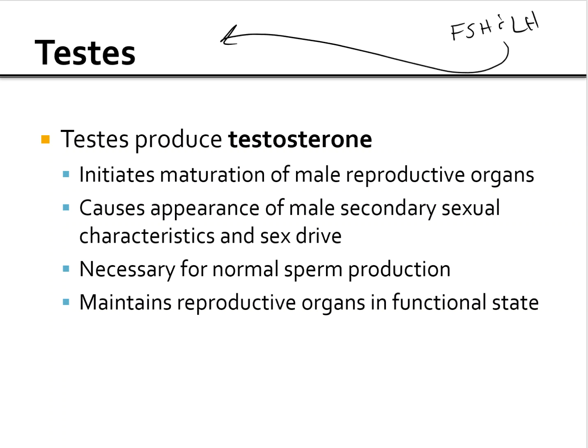Testosterone will initiate maturation of the male reproductive organs, cause appearance of male secondary sexual characteristics, as well as sex drive. It's required for normal sperm production, as well as maintaining reproductive organs in a functional state.